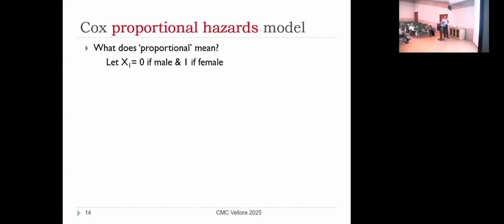So let the variable x1 be 0 if male, 1 if female, and x2 is some constant value k. So maybe age equals 25, whatever.